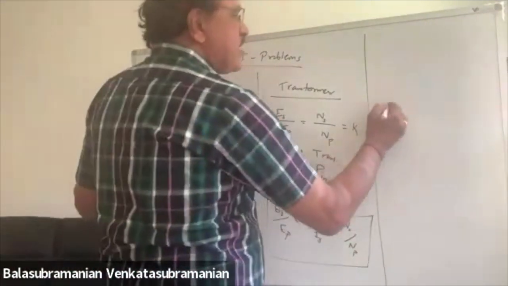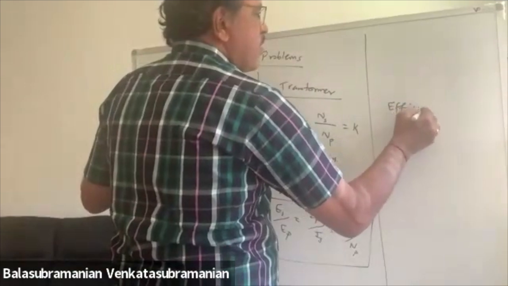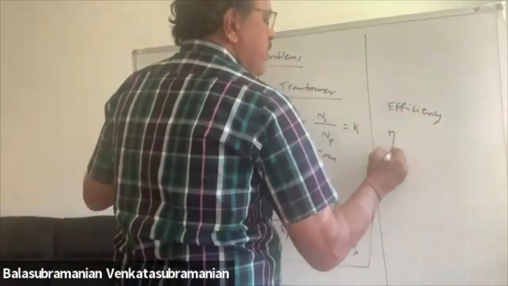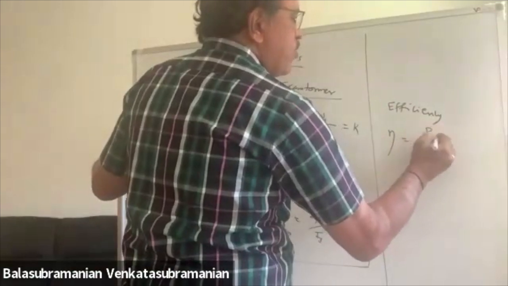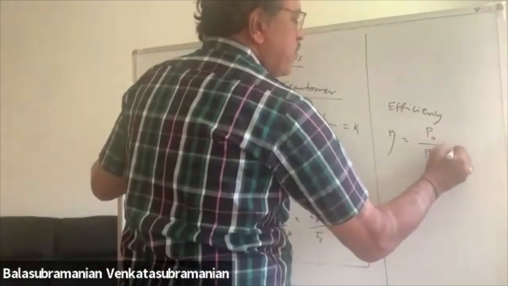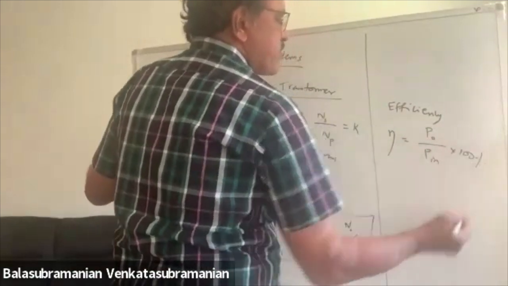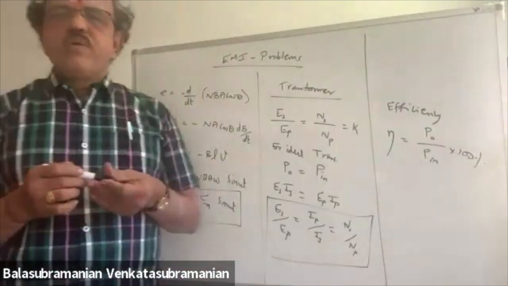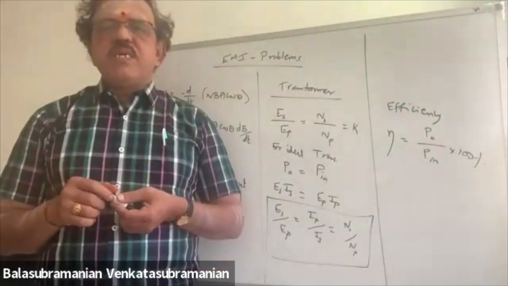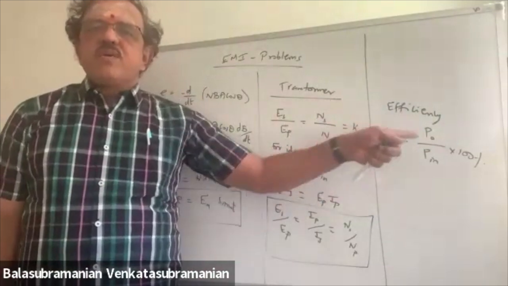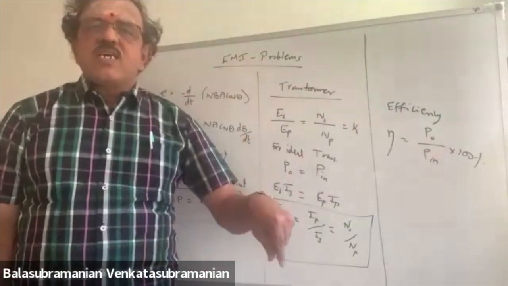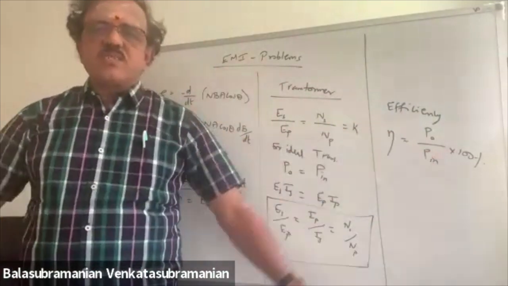Then efficiency of a transformer. Eta is equal to power output by power input into 100%. Output power by input power into 100% means for an ideal transformer efficiency is 100%.